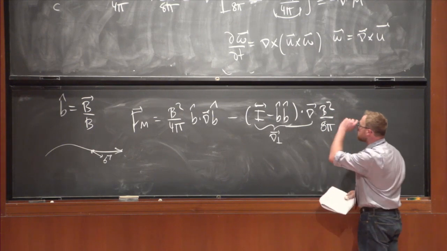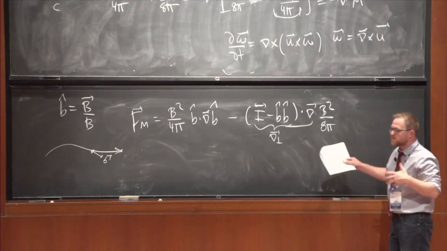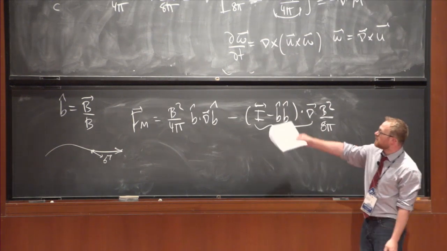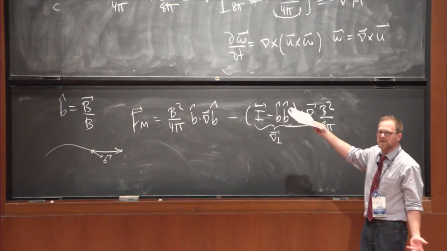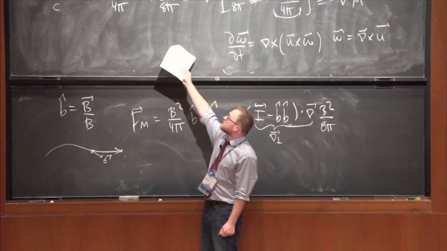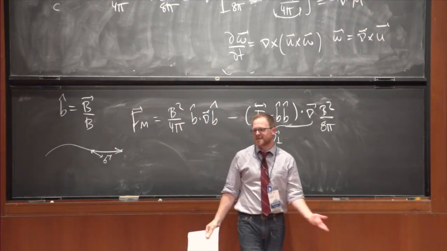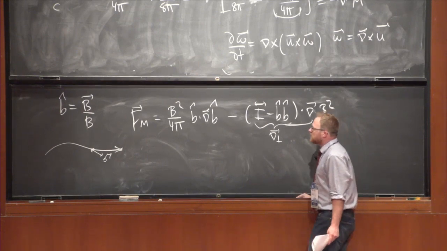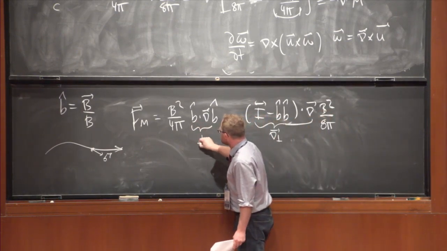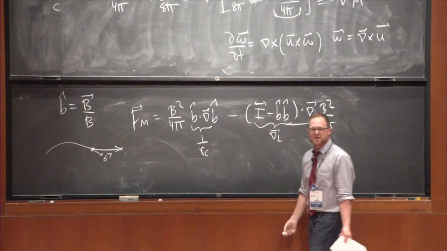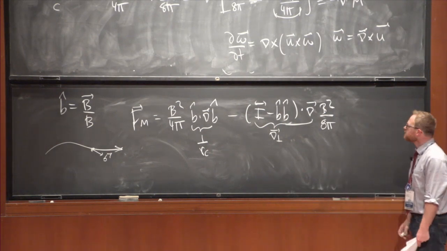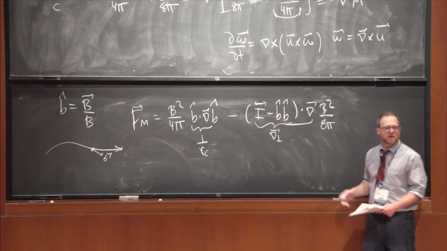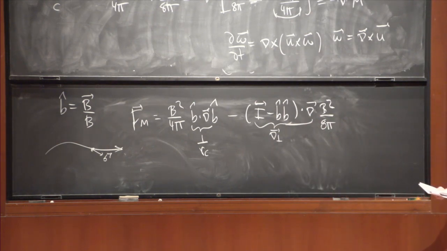The nice thing about this form is it's clear that this force operates perpendicular to the magnetic field, which is obvious when you write it J cross B, but it's not obvious in that form because that second term has a gradient, which has a component along B. So it's nice to write it in this form. Everything's perpendicular. This is just 1 over the radius of curvature of the field lines. And this is a perpendicular gradient of the magnetic pressure, the magnetic energy density.